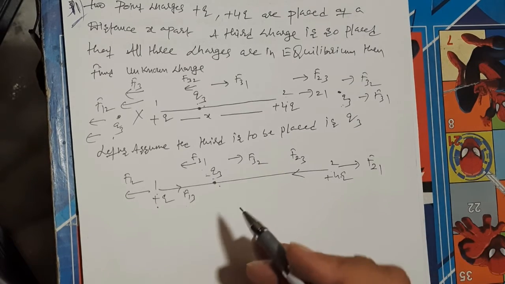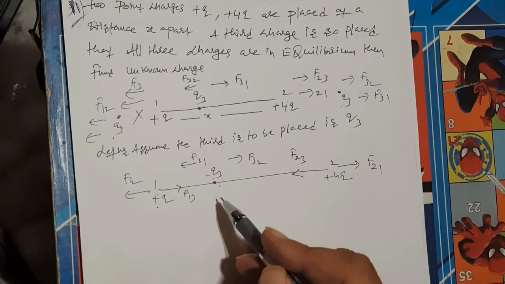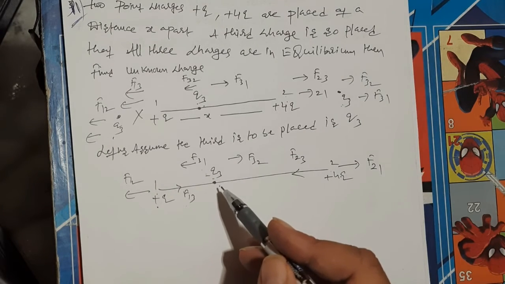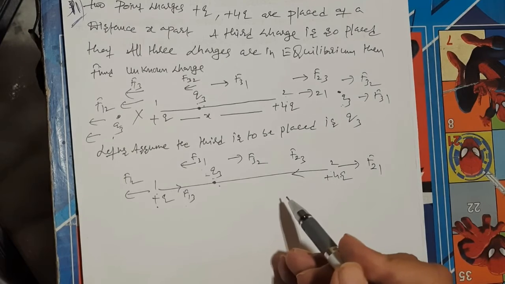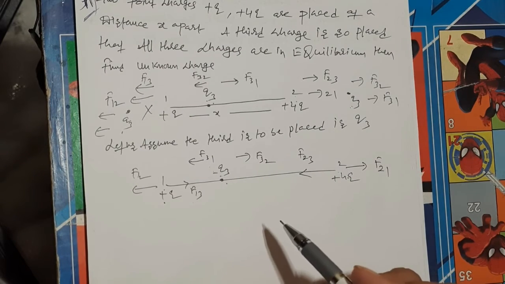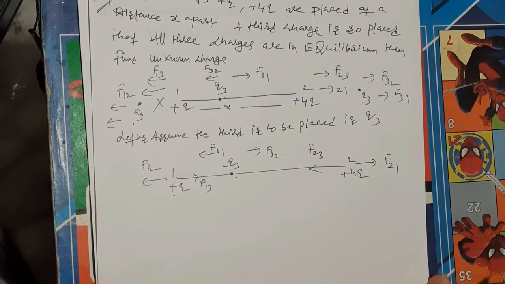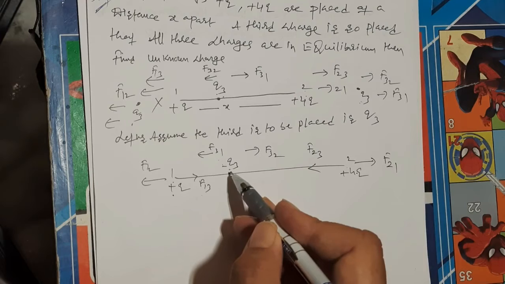So now we are going to discuss at what place we introduce that negative charge in between plus Q and plus 4Q. That is what we are going to derive. Now let us consider equilibrium of the Q3 charge.